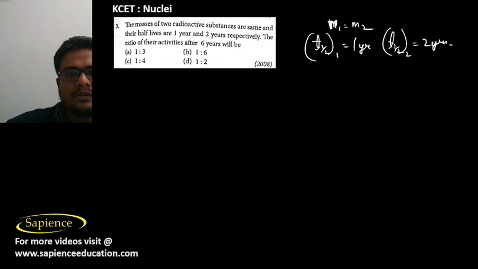So the masses of two radioactive substances are the same. Therefore, initially, suppose they have the same number of radioactive nuclei.